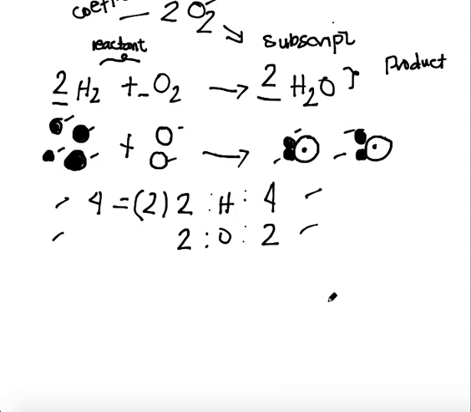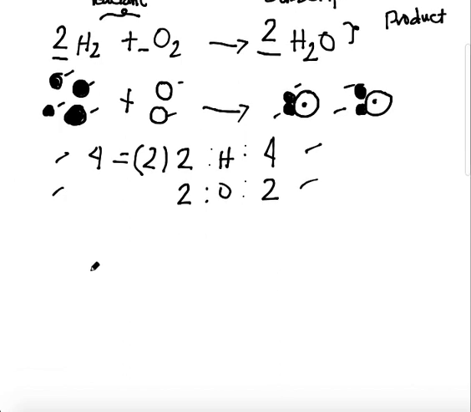What is the interpretation of this balanced equation? Let's check muna. So if we have 2H2 plus O2, it will yield 2H2O.